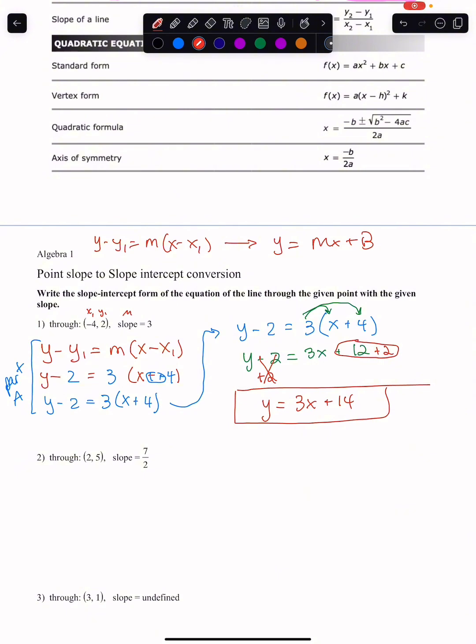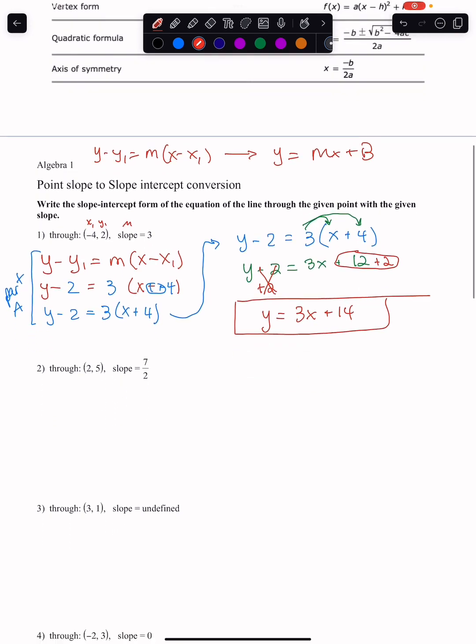All right. So next one. This one has a fraction. So again, we're going to do y minus y1 equals m x minus x1. y minus something equals something, parentheses x minus something else.